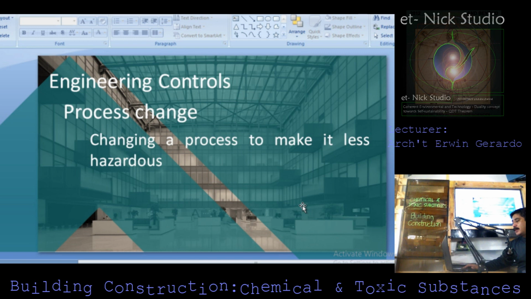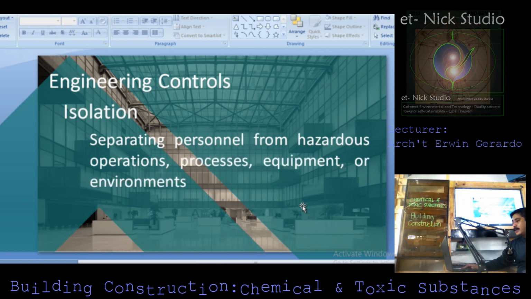Engineering controls: process change. Changing a process to make it less hazardous. Engineering controls: isolation. Separating personnel from hazardous operations, processes, equipment, or environments.